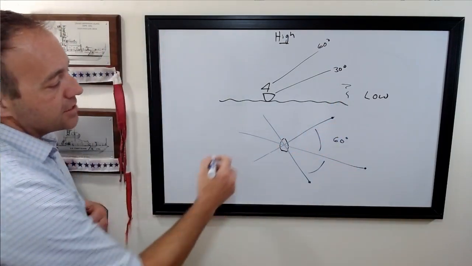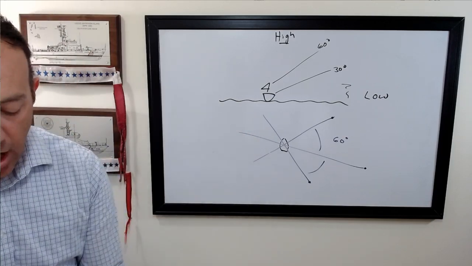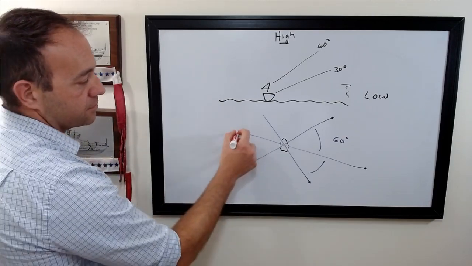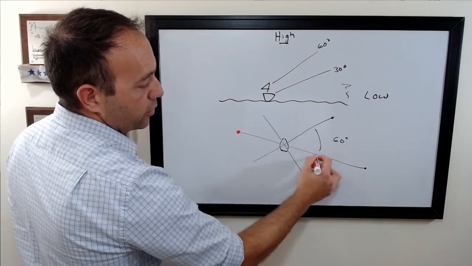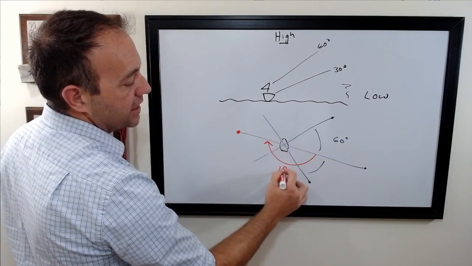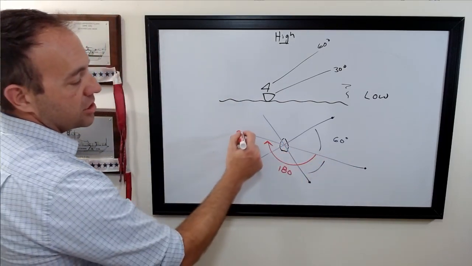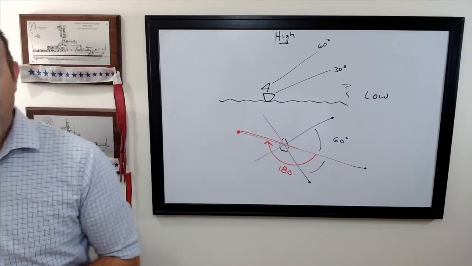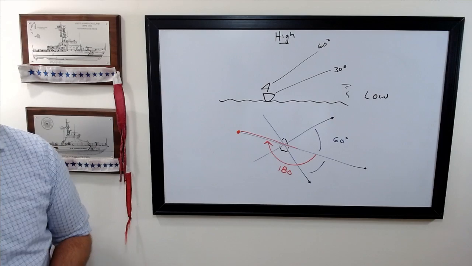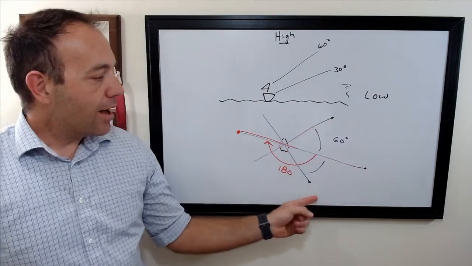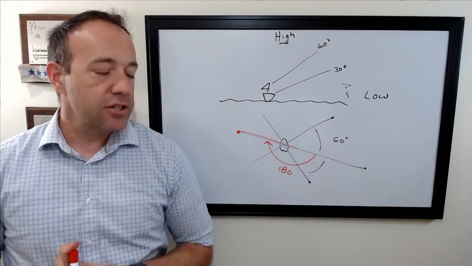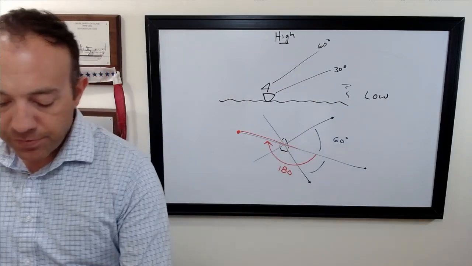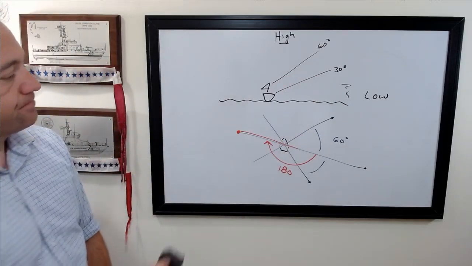If you had two stars exactly opposite in the sky, we've got a spread of 180 degrees, but the lines of position are in essence the same. They're just opposites, so they're not really going to help us when we navigate. So we want three objects that are spread by around 60 degrees, not too high, not too low. That will make a good sighting for us.